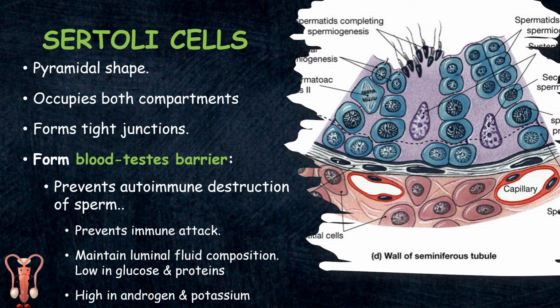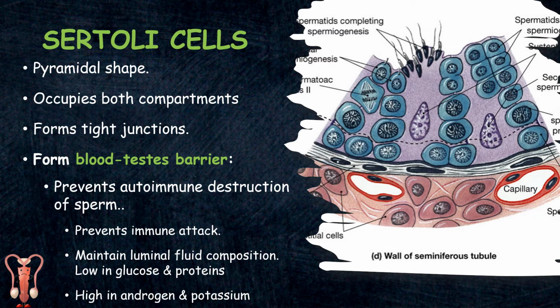So this barrier protects the cells of different stages of spermatogenesis from the toxic substances present in the blood, and also from the antibodies. This layer also prevents the entry of the byproducts of gametogenesis into the blood.